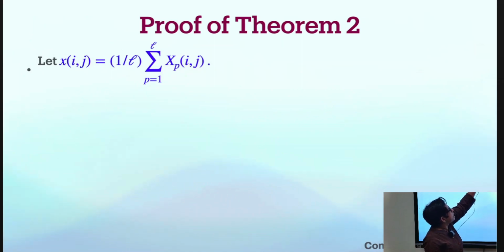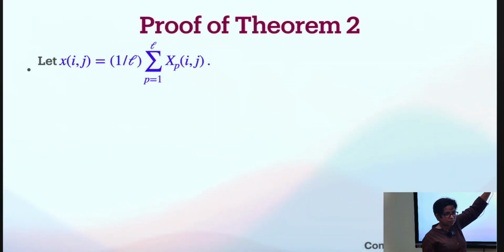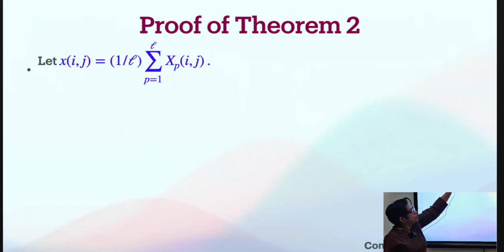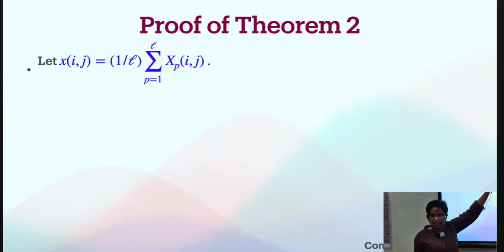In that, whether i is matched to j or not, this would be 1 if i is matched to j in the pth matching, and 0 otherwise, and I just add this up. So if i and j are partners in more than one of those matchings, then this would be the number of matchings in which it is a partner. And then I normalize by L, I divide by L.